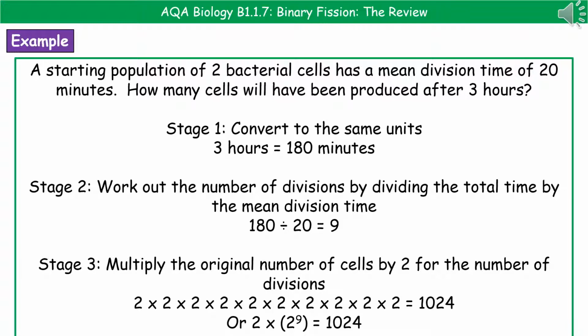So all you need to do is 2 to the power of however many divisions there were, and then multiply your original number by that. So that's the easier way to do it in an exam to save potential errors in counting. If you want to just literally do it as doubling it each and every time, you can, but think about which way is more appropriate for you as an individual.